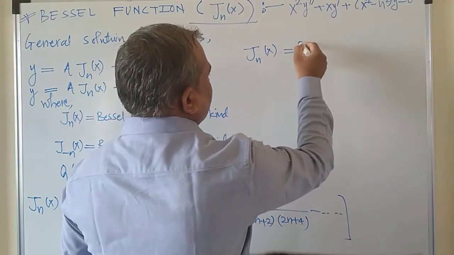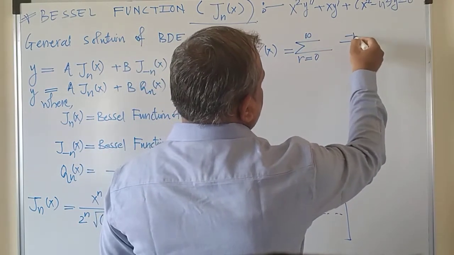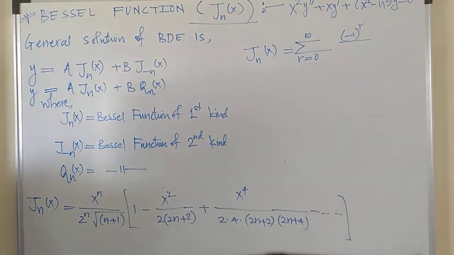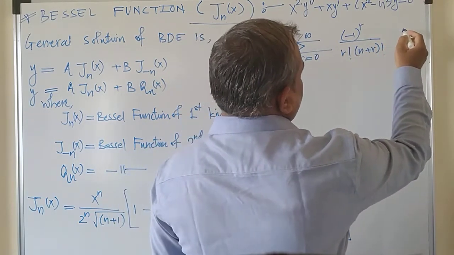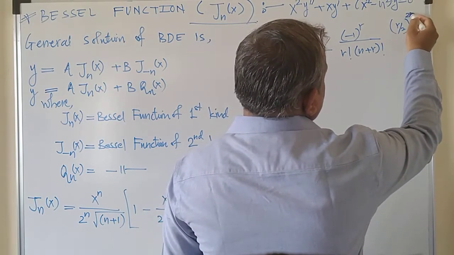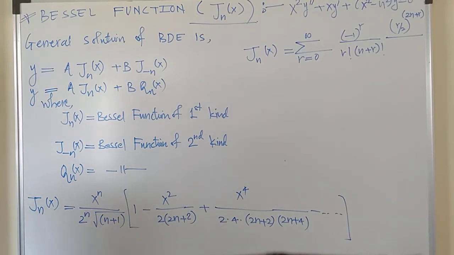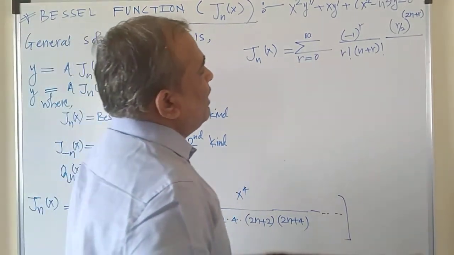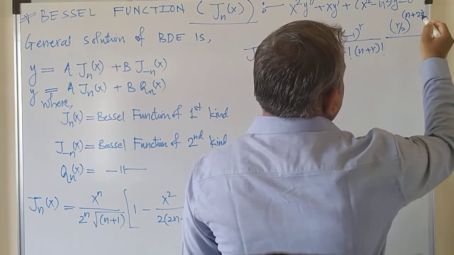This can be written in terms of a summation, r runs from 0 to infinity, minus 1 raised to r divided by r factorial into n plus r factorial into x by 2 raised to power n plus 2r.